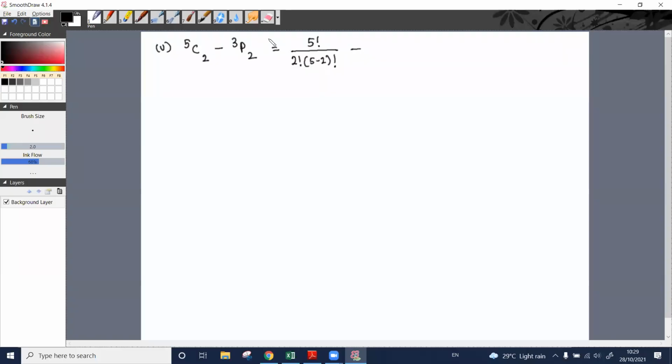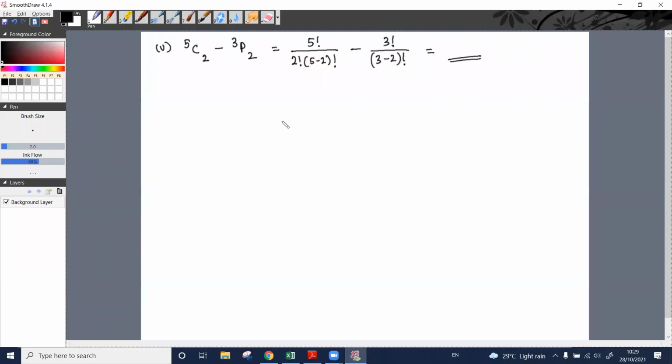From this we need to deduct 3p2. That can be expressed as 3 factorial over 3 minus 2 factorial. What should be the final answer? Straight away from the calculator you can take 5c2 minus 3p2.